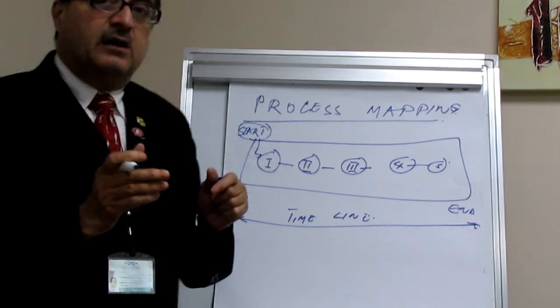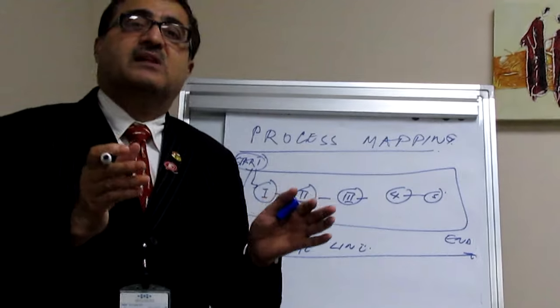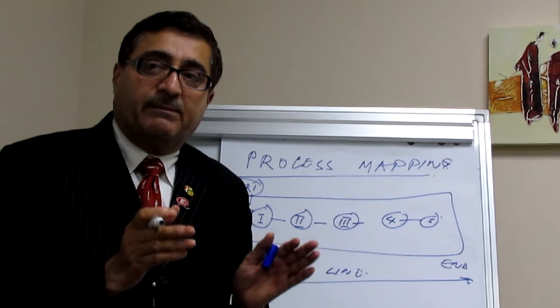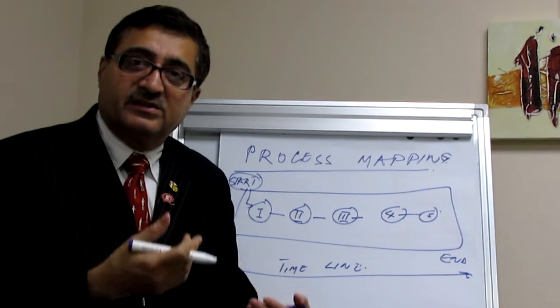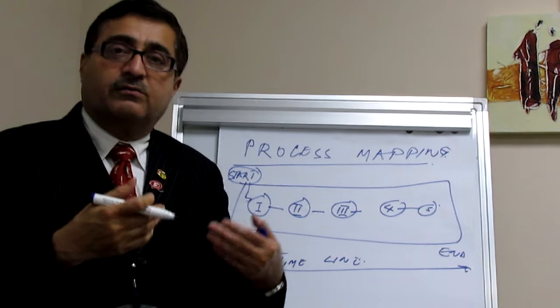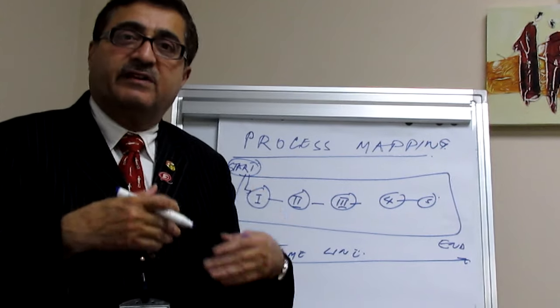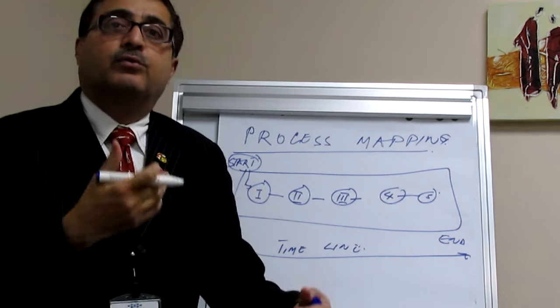Now when it comes down to the business or your personal life, process mapping helps you in making better business decisions, or to find out where the losses or wastages are and how to improve on that.